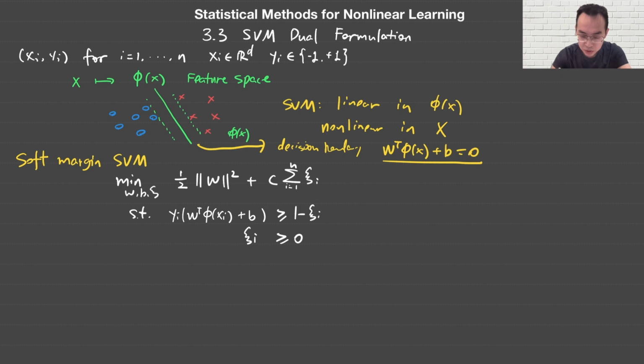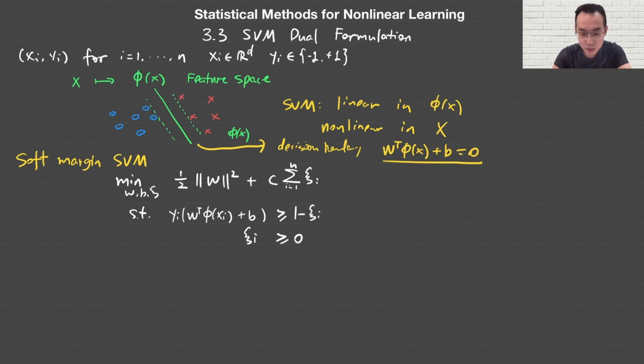So we have this constraint form here, where the first term has to do with the margin. When we minimize the norm of the weight, we are maximizing the margin. And then the second term here has to do with violations. So for the soft margin SVM, we have the second term, but for the hard margin SVM, we don't have the second term.